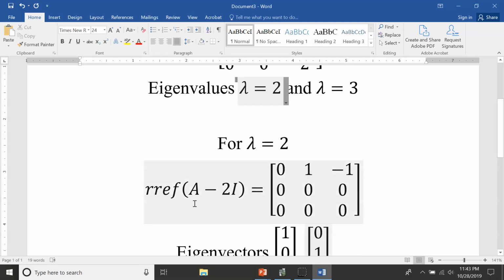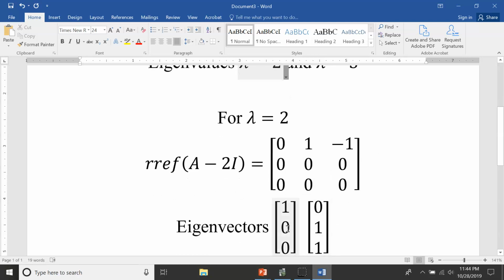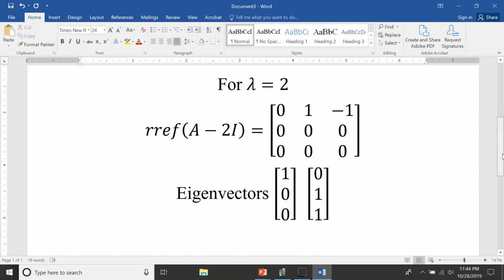Now, when you row reduce A minus 2 times the identity, you get this matrix here, which, by the way, has a free variable for x1 and also has a free variable for x3. So we end up with two eigenvectors, specifically 1, 0, 0, and 0, 1, 1, generating the eigenspace corresponding to lambda equals 2.